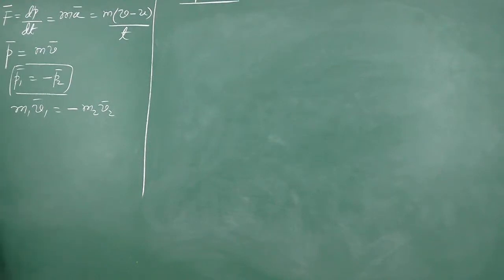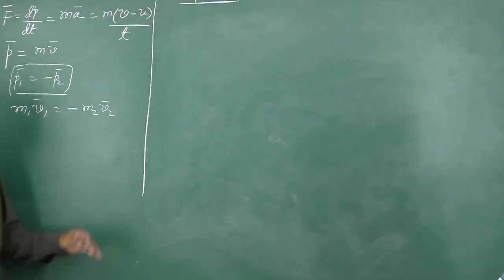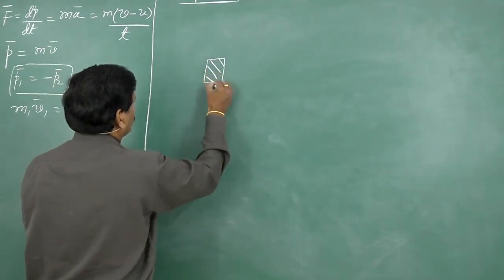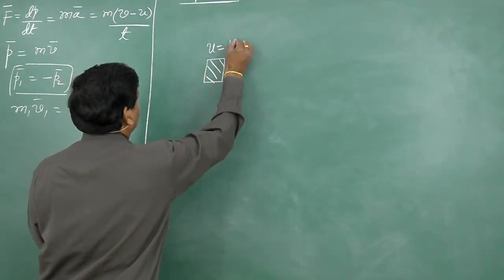Next, sixth problem. An object of mass 5 kg is moving with a velocity of 10 meters per second. A force is applied so that in 20 seconds it attains a velocity of 25 meters per second. What is the force applied on the object? So here the body is moving with a velocity of 10 meters per second.